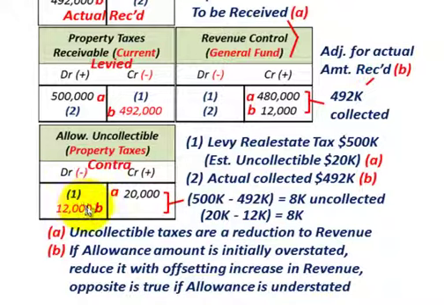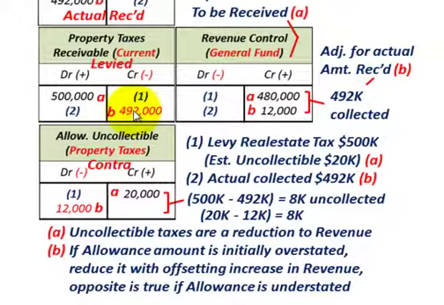So the offsetting entry, your allowance for uncollectible in this case, we would have debited for $12,000, and then the offsetting amount would go to credit the actual revenue control account for $12,000. So everything balances out. You see, you have to determine your initial amount that you expect to receive when you levy those property taxes, and then you have to make any adjustments for the actual amount received.